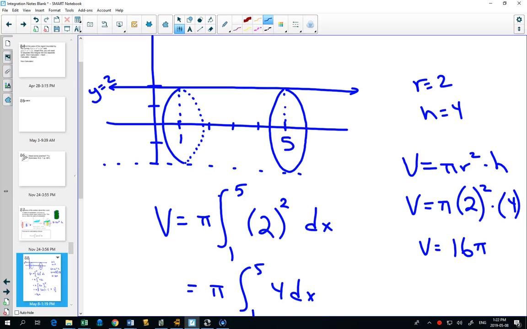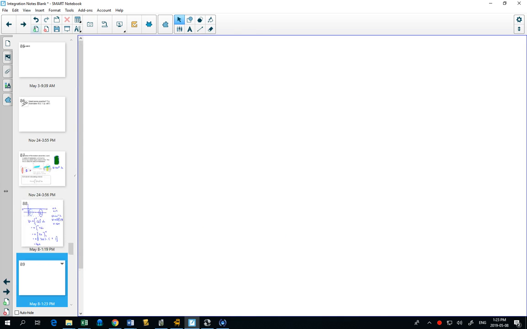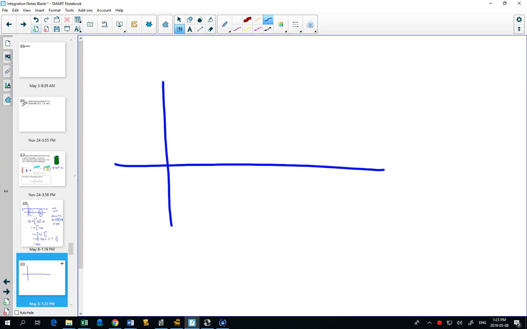What do we put here instead of 2? Oh, here, I'll just draw a new page. I want to make a formula. So again, I'm going to rotate a line about the x-axis. But this time, I'm going to rotate the line y equals r.